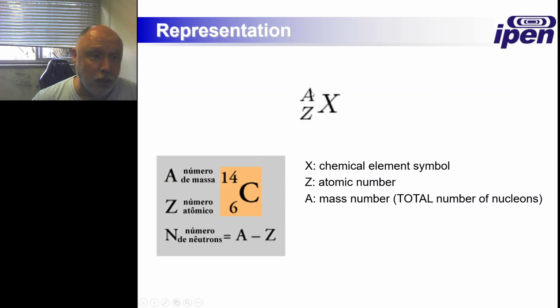Yet you will see some texts, and even in these classes there will be places, and I'll point them out for you, where this mass number is here. It should never be here. It should always be where it is here, right?